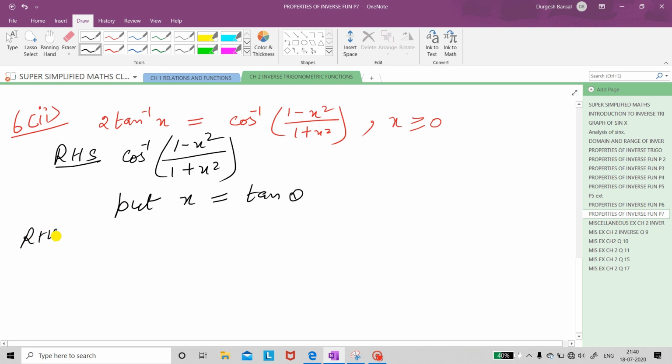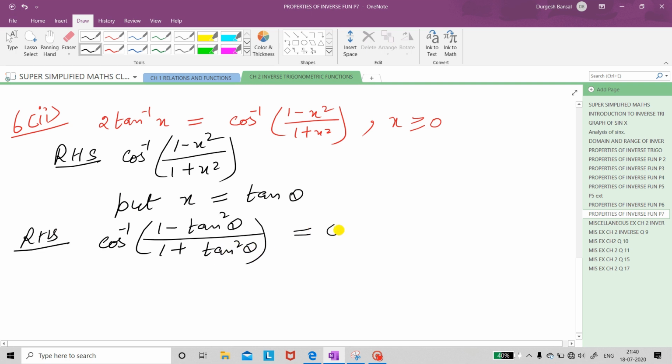So what our right hand side becomes is cos inverse 1 minus tan square theta divided by 1 plus tan square theta, which is equal to cos inverse cos 2 theta, which comes out to be 2 theta.